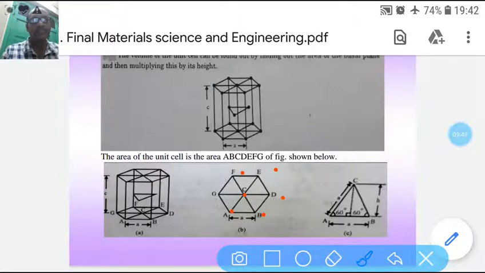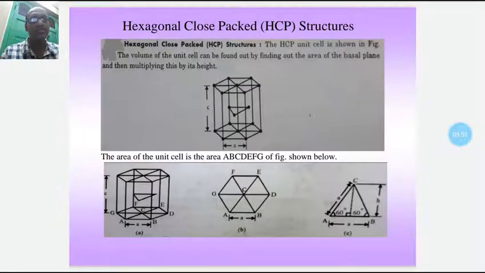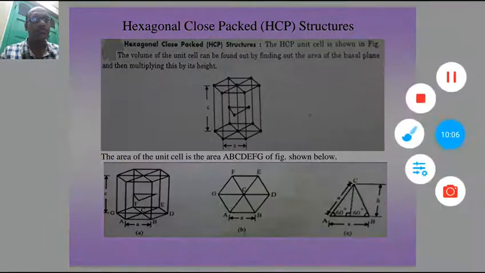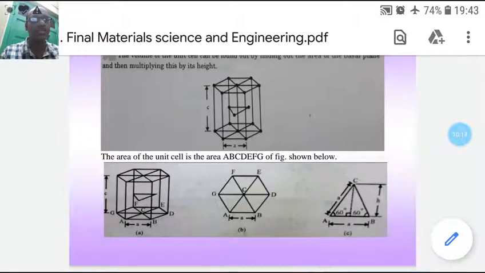As this is a hexagonal structure, the base and upper part are hexagonal, hexagonal close pack. For a hexagon, we are considering only a small triangle. This hexagon consists of 6 triangles. If we calculate one and multiply by 6, that will be the total basal area.